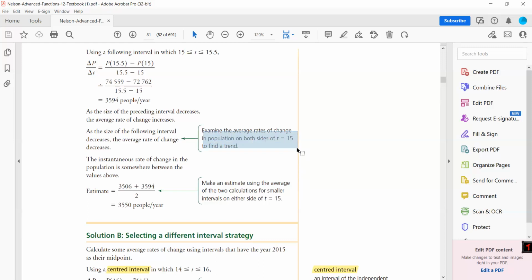So we have to examine the average rate of change on both sides to find the trend. The instantaneous rate of change in the population is somewhere between the values above, and here they add them up and find the median. They came up with the conclusion that 3,550 people per year is the increase in the population in year 2015.